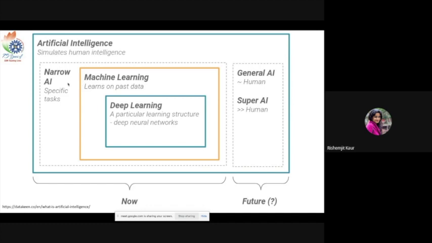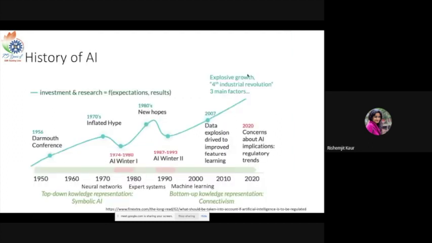Deep learning is something where we have deep neural networks with many hidden layers. We will not go into the details of deep learning at this stage, but this is something which is happening now, the narrow AI part. And this is something that we hope to achieve in the future, the general AI and the super AI, to have capabilities either equivalent to or greater than humans.